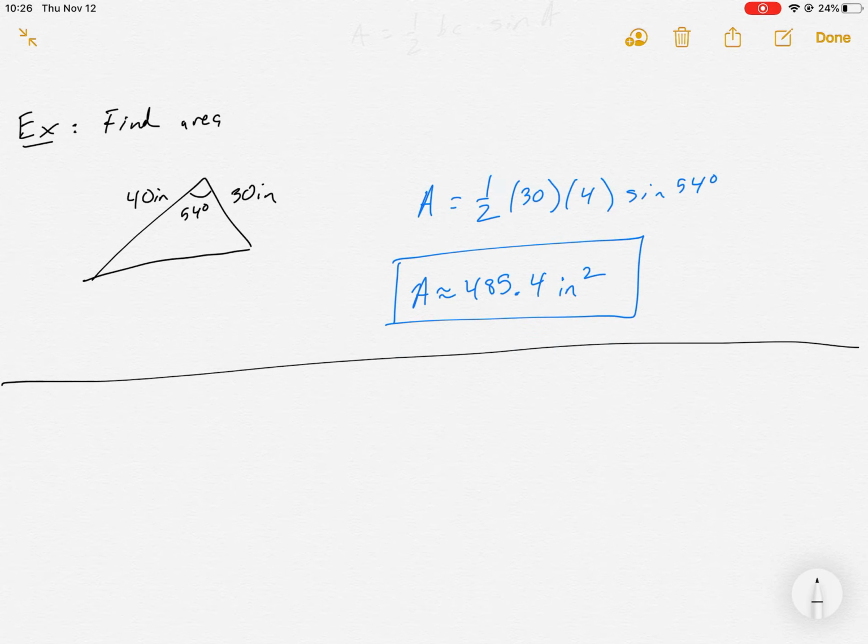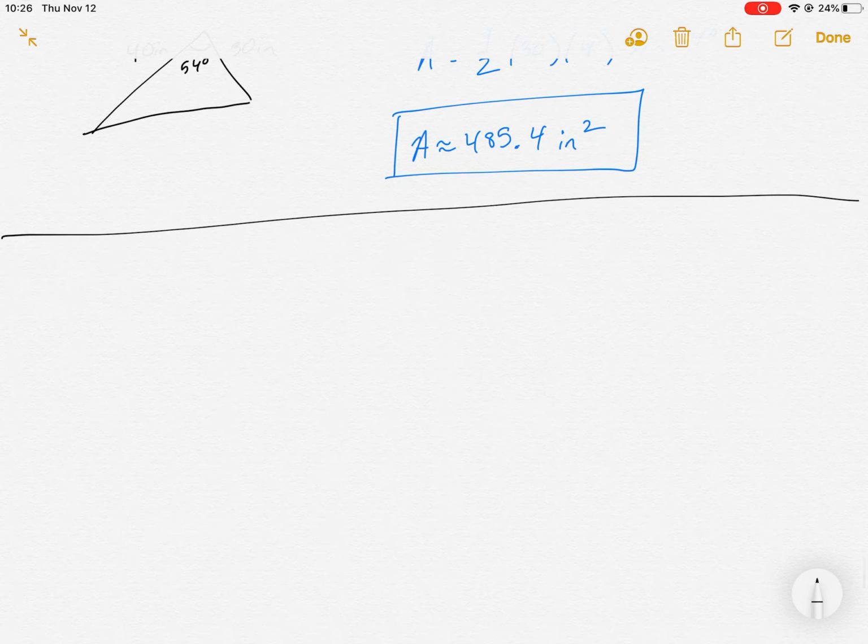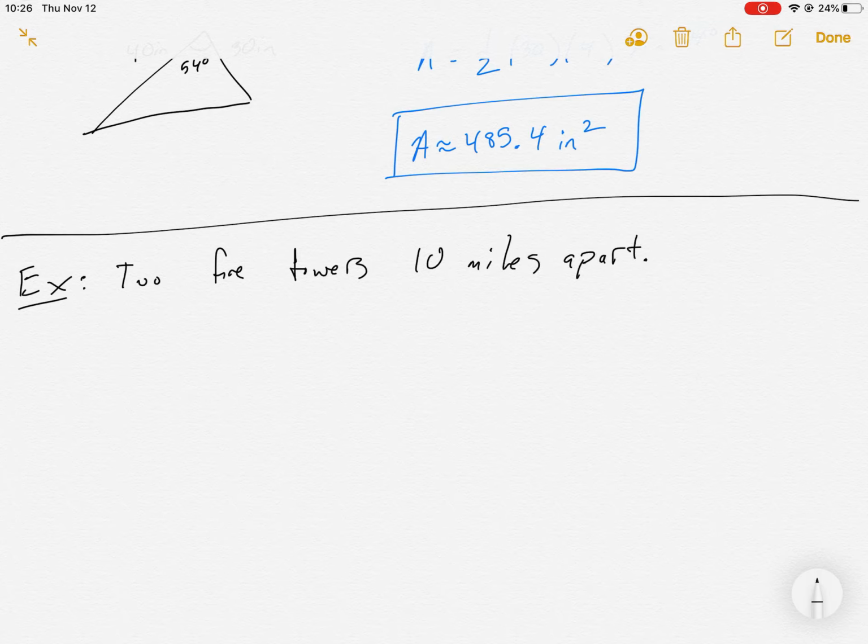The next hodgepodge problem I want to do is to go back to a problem we solved a while back involving 2 fire towers, and I want to show you how we could do this with law of sines and cosines instead. So let's say we have 2 fire towers, and they're 10 miles apart. I'm going to summarize this a little bit.